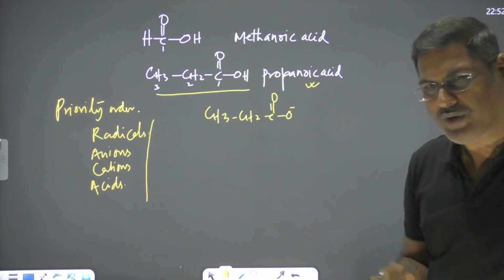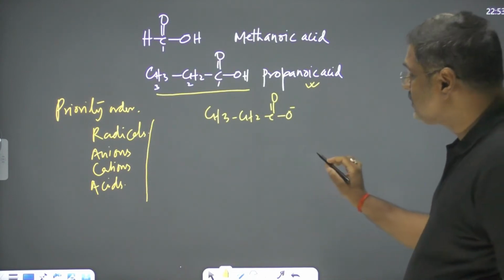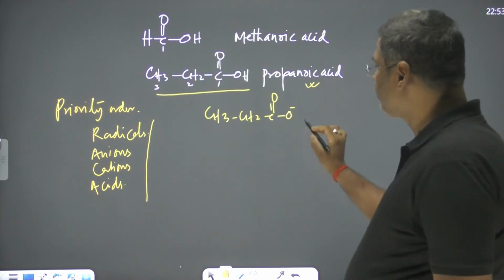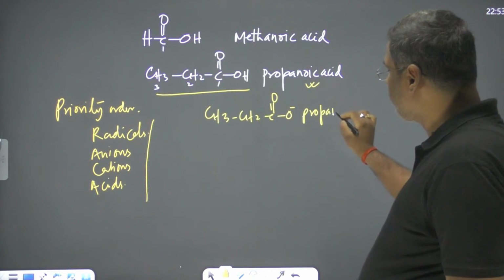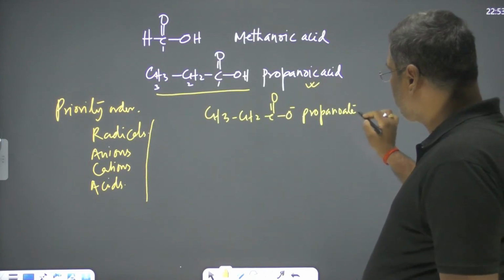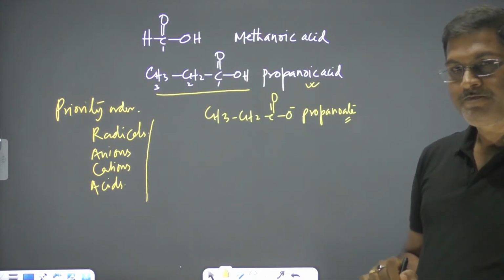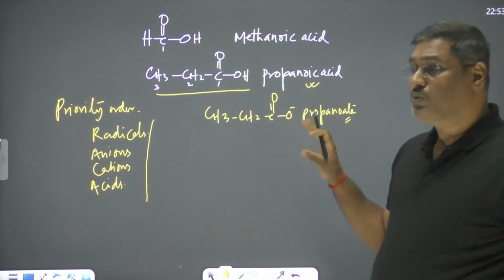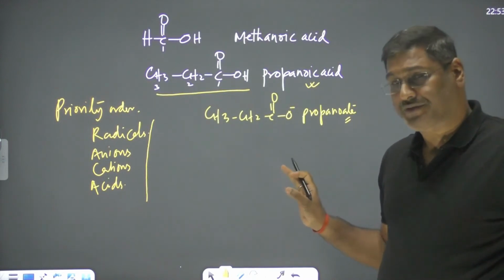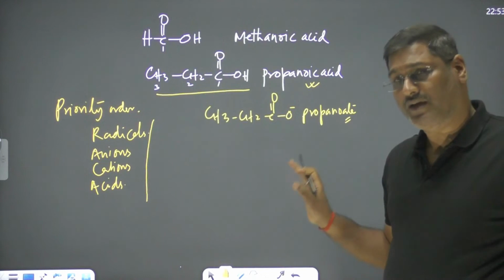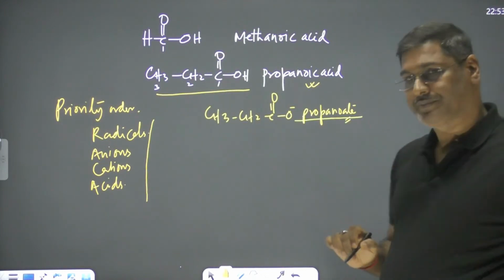Both are different. This one is propanoate. You know, this one is a salt. This one is an anionic species. Here the functional group is changed. This is no more an acid. This is a salt, the anionic species, and that is expressed as propanoate.